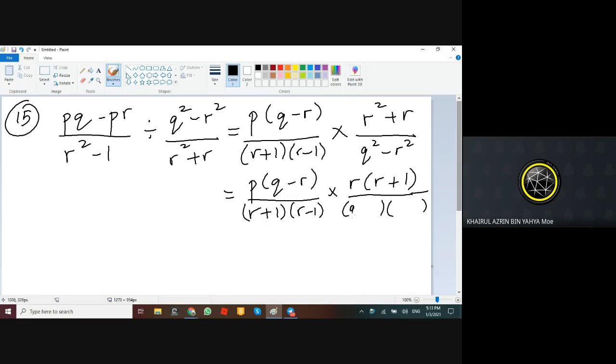So this is Q plus R, this is Q minus R. Now we eliminate Q minus R. R plus 1, R plus 1, eliminate. Anything else? I think no more. Okay, the answer is PR over R minus 1, Q plus R. So this is the answer for question 15.